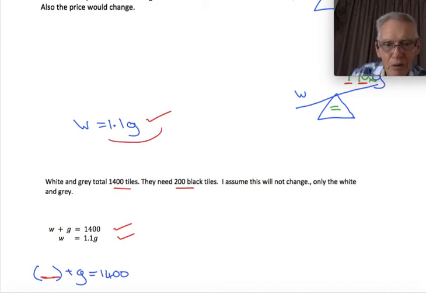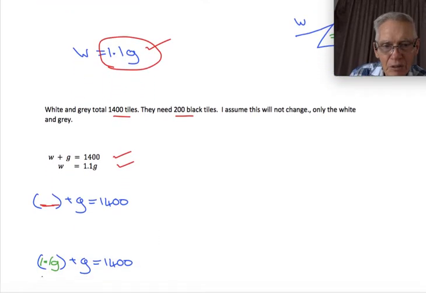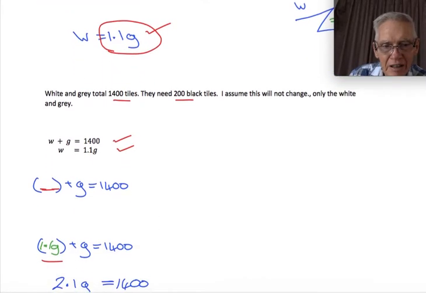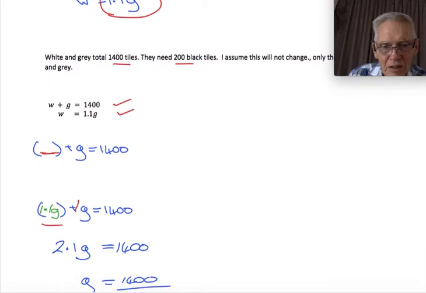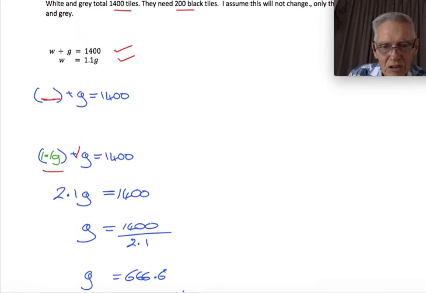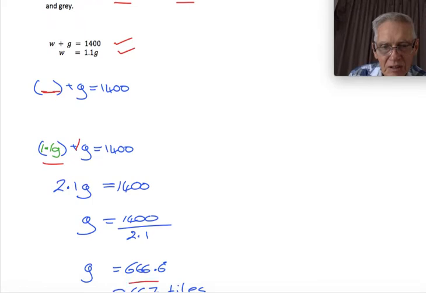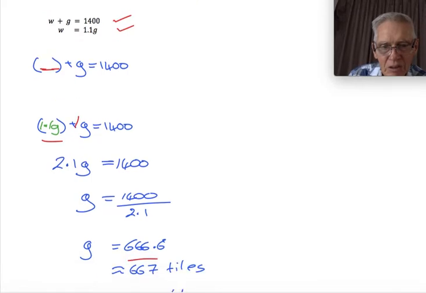We've got the white is 1.1 G, so I'm going to put in there 1.1 G plus G. That gives me 2.1 G, because this here is 1 G, so we just add the numbers, 2.1 G. To get rid of this 2.1, we divide it to the other side, and it gives us 666.6 recurring, so around about 667 tiles.